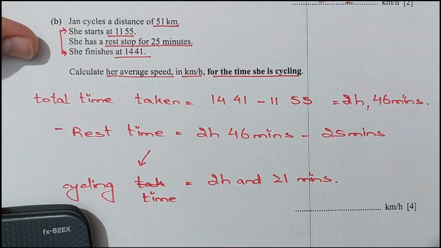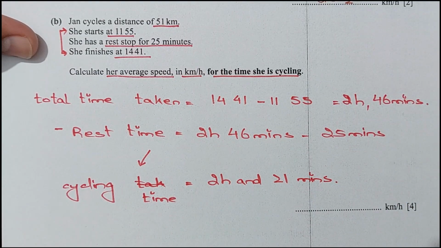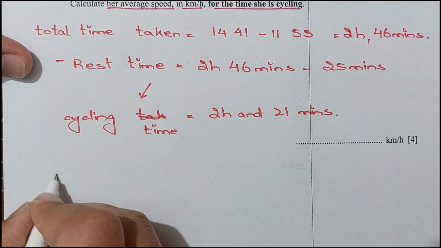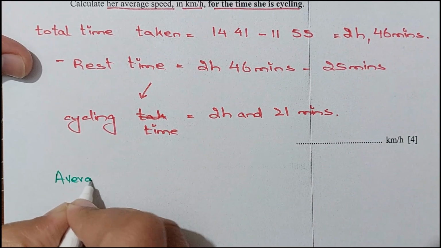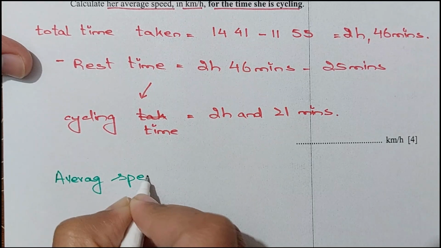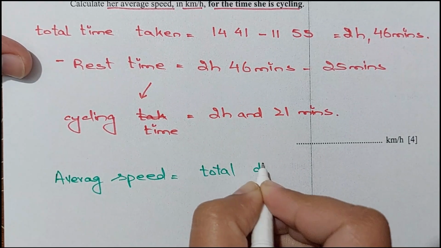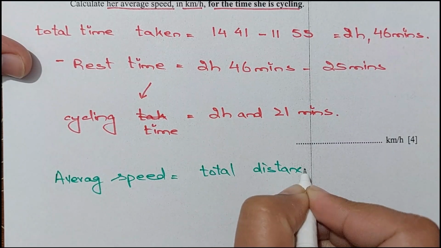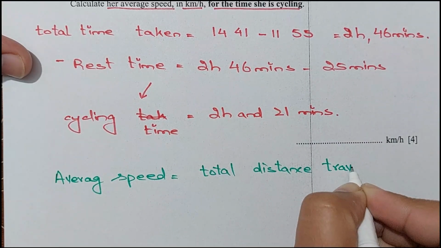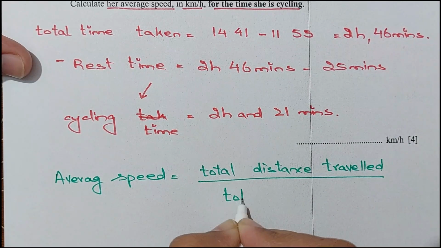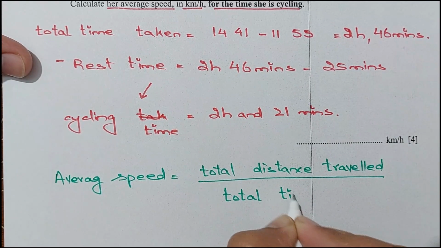All right. Now, what is next? Calculate her average speed. The average speed formula is total distance traveled divided by total time taken.